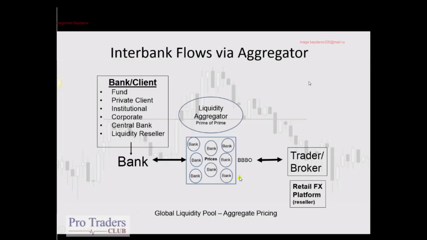But what we have done in order to control the prices that we get when we put our orders into the market is we have a custom graphic user interface that taps into liquidity, and they usually tap in liquidity using FIX API. And say, for example, we are looking to put a 10 million block into the market.